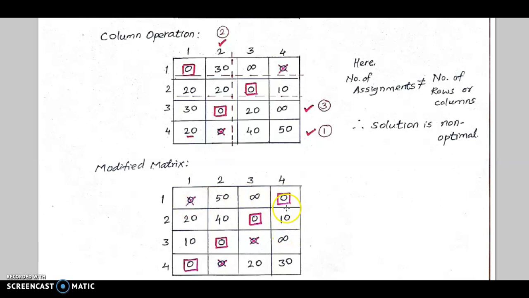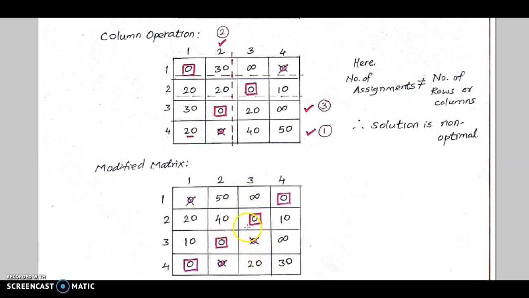So here in the new table, the first assignment will be in a row which has exactly one 0. If we observe the first row, there are multiple zeros, so we will skip it. In the next row, let us observe where the exact one 0 element is. Then let us make the assignment, then cross out extra zeros in the respective columns.